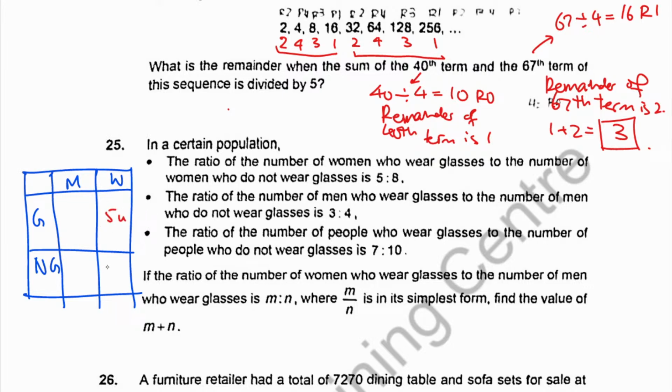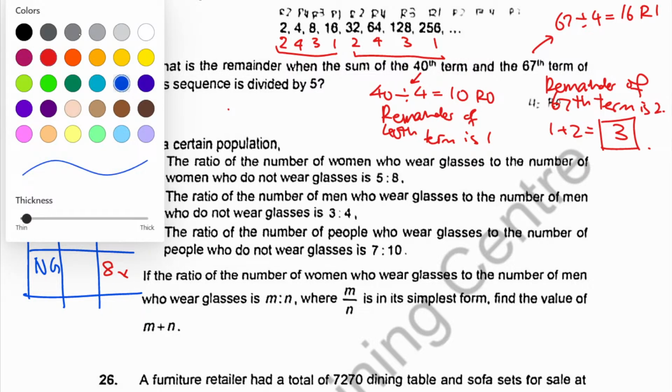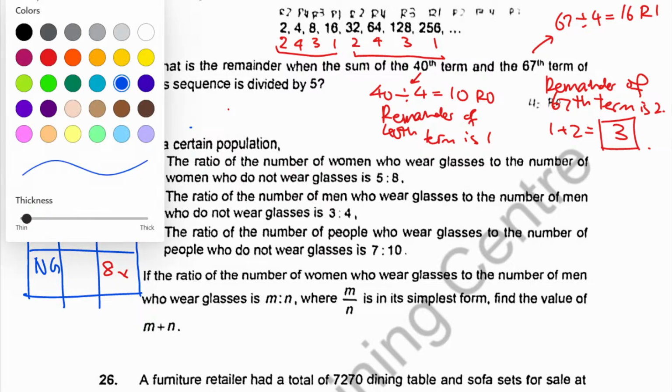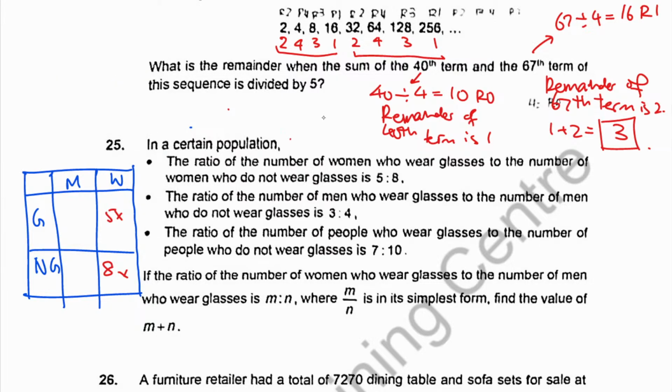So 5 units to 8 units. Or maybe let's just put it as 5x and 8x. The next statement is the ratio of the number of men who wear glasses to the number of men who do not wear glasses is 3 to 4, so 3y and 4y.